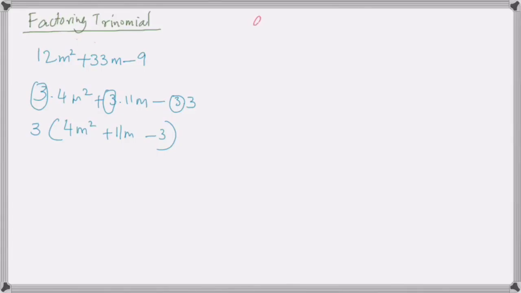This looks similar to ax squared plus bx plus c. And we already know how to solve ax squared plus bx plus c, right? So we can solve this part of the equation.